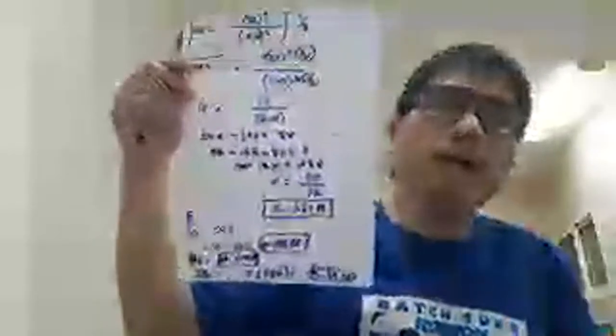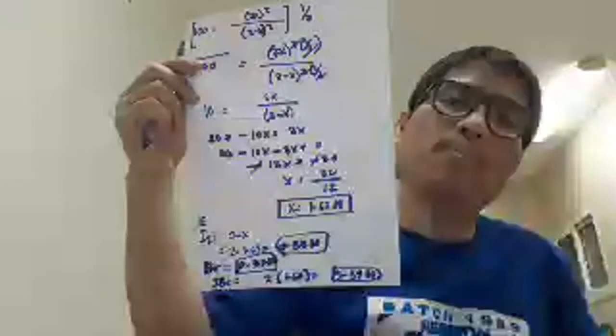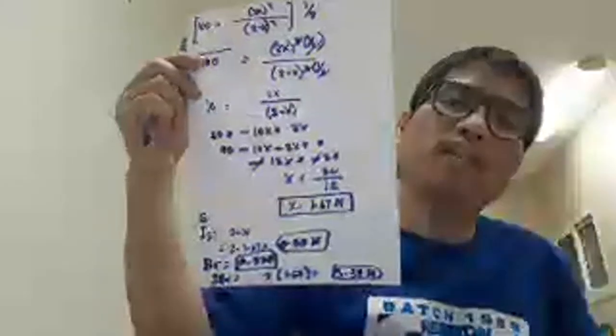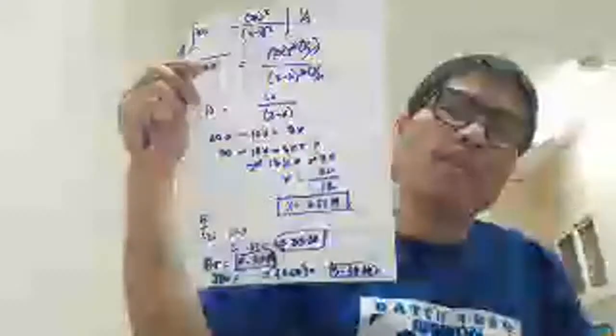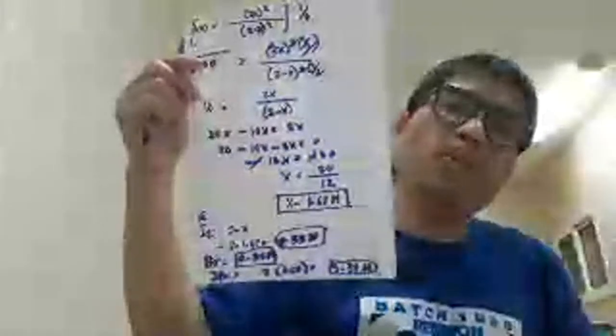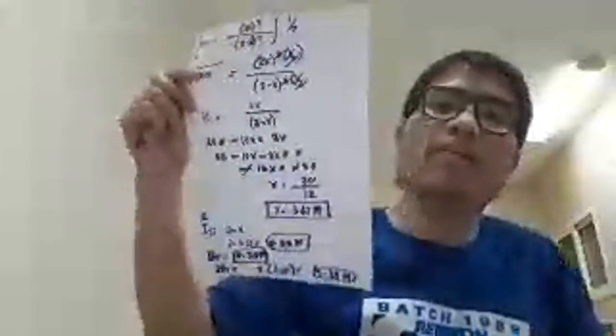So our final answers will be: the molar concentration of IBr is expressed as 2 times x in the equilibrium concentration. So 2 times 1.67, so 3.34. Okay, so these are the answers.